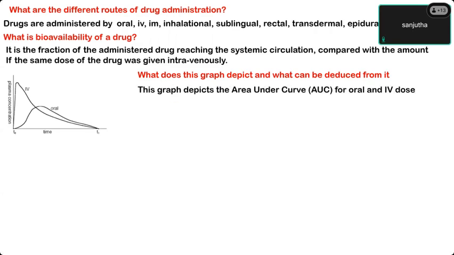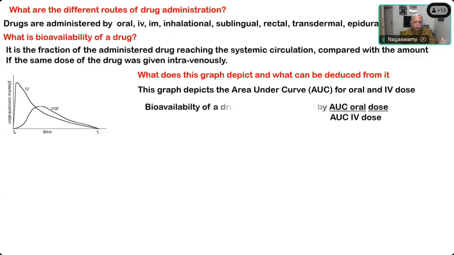This graph depicts the area under curve, AUC, for oral and IV dose. So bioavailability of a drug can be calculated by area under curve of oral dose divided by area under curve of IV dose. That is how the calculation is done.